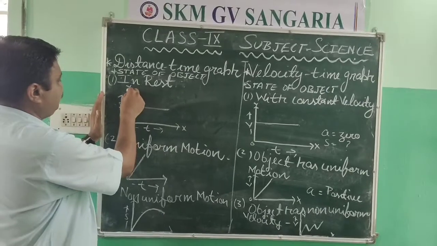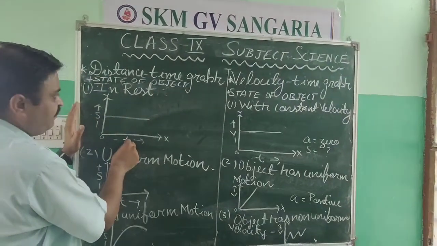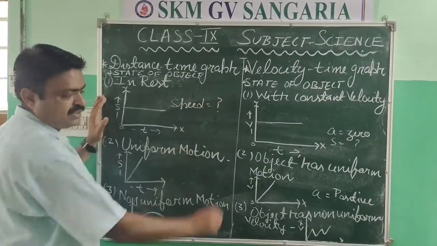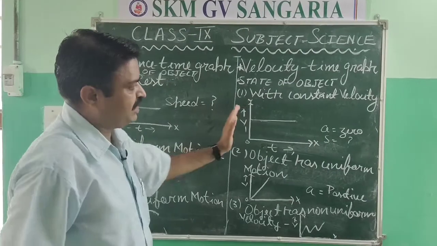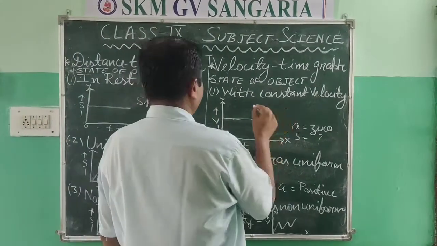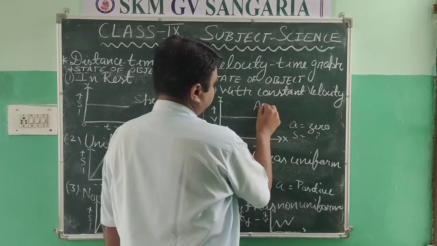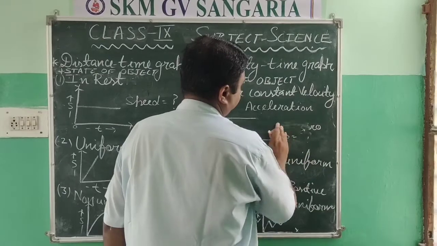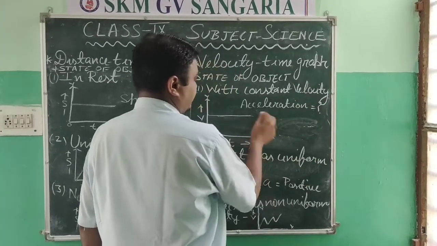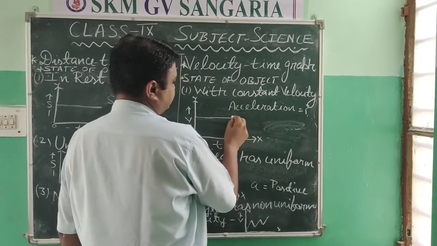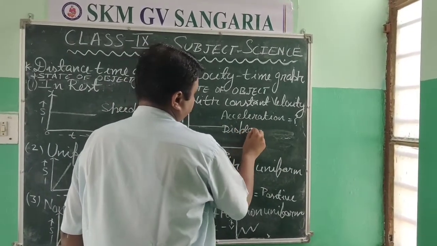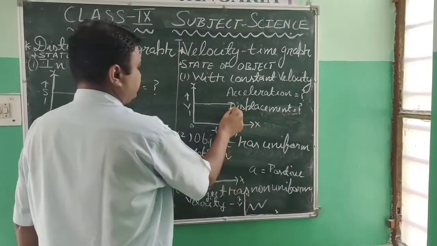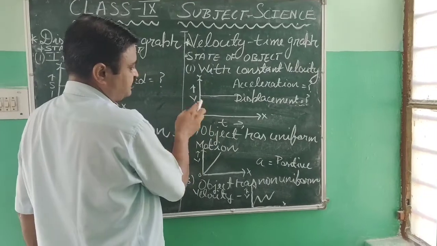With the help of the distance-time graph, what can we get? We can get the speed of the object. And with the help of the velocity-time graph, we can get acceleration, and we can also find the displacement, because we have the two data here, velocity and time.